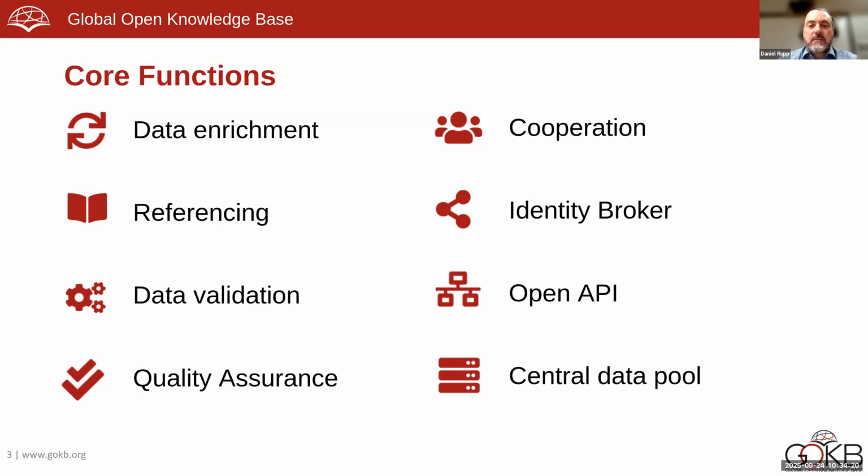Then our data is validated. So we don't just input vendor data into our system and pipe it through to other systems, but we also do a validation. We have automated checks. We identify errors, but not only errors, also inconsistencies, and we try to have an intelligent conflict analysis.